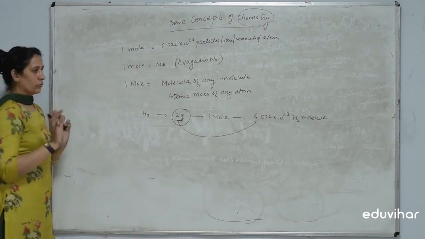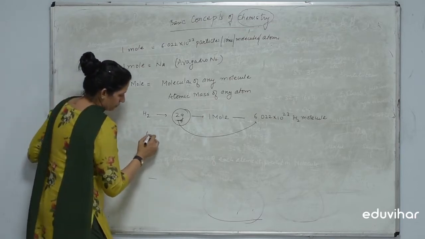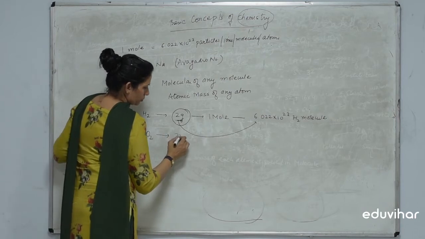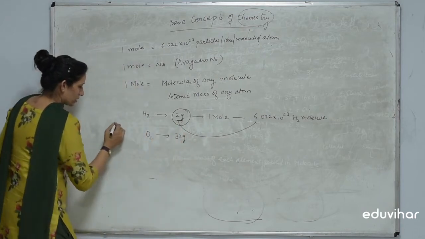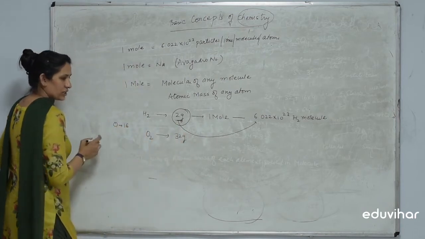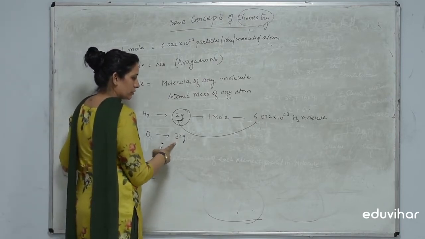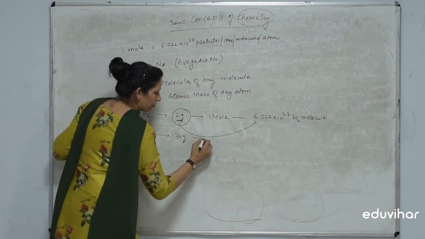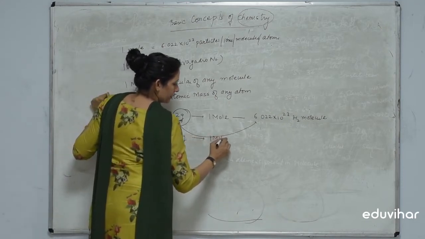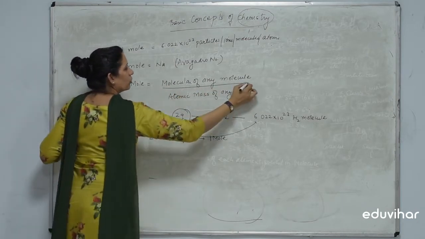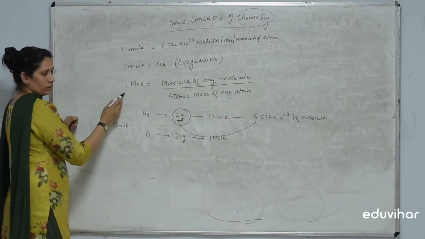23 molecules. I am again taking one more example, O2. O2 has the molecular mass 32 gram, because one oxygen atom has the atomic mass 16, and we have two atoms, so the molecular mass is 32 gram. This 32 gram represents 1 mole, because the molecular mass of any molecule is equal to 1 mole.